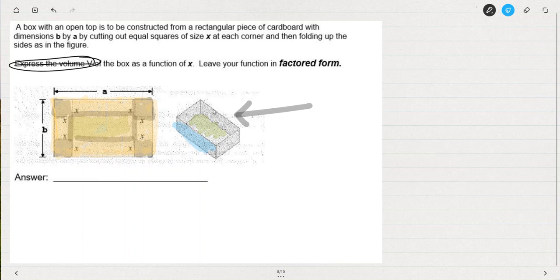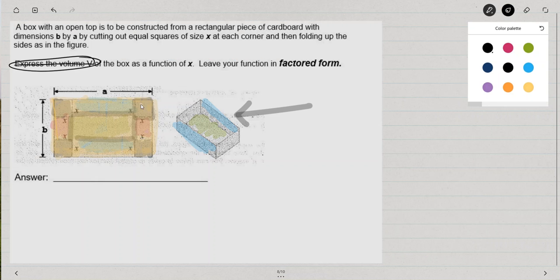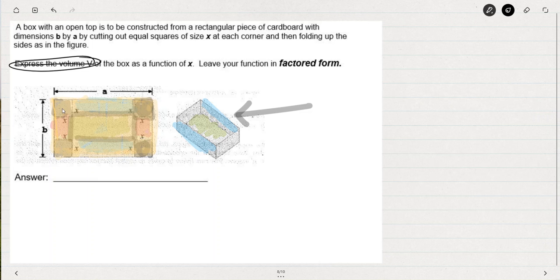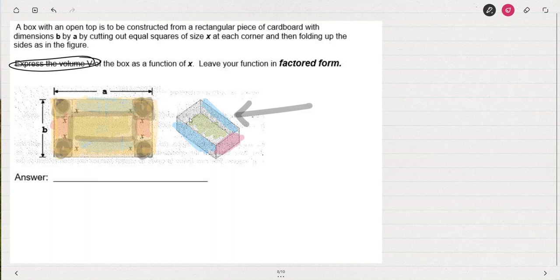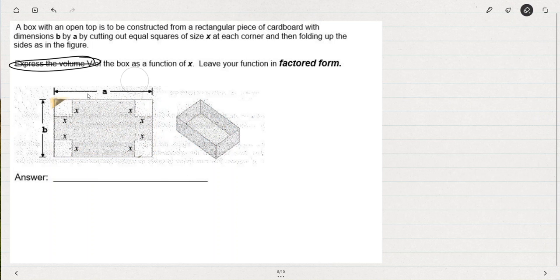So here's the longer sides of the box are these 2 pieces, and the short side of the box will be these 2 pieces. These squares that we cut are not part of the box, right? These are gone now. They've been cut off. They're no longer part of our box. I hope that general idea of what we're doing in this problem makes a little bit of sense. So let's see how we'd approach this.